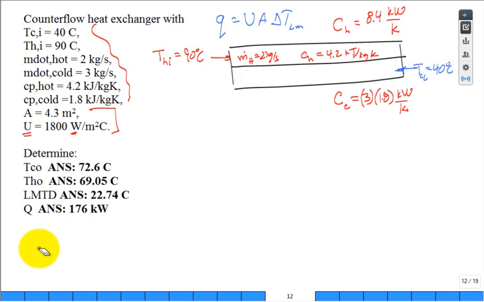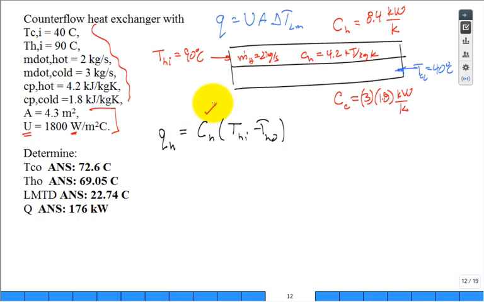So, how in the world do you solve this problem? Well, there's a couple of equations. The rate of heat transfer out of the hot fluid is the heat capacity rate of the hot fluid times the temperature of the hot in minus the temperature of the hot out. Is that good? Energy balance equation? Sure. I like to put a little check.